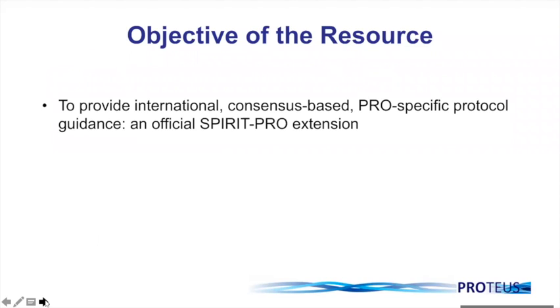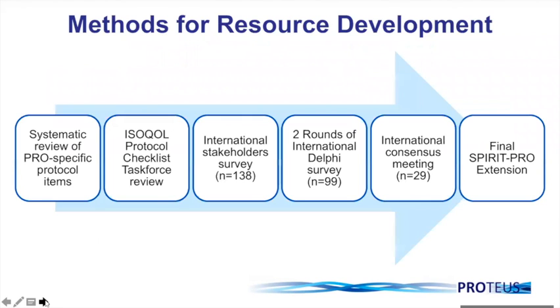So the objective of the resource was to provide international consensus-based PRO-specific protocol guidance in the form of an official SPIRIT-PRO extension. The resource was rigorously developed with international stakeholder involvement.